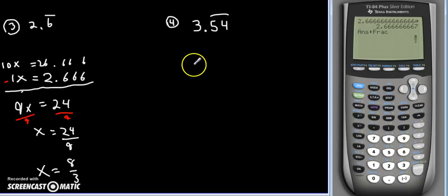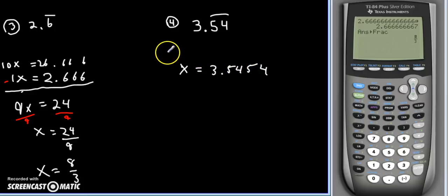In this case, we have x is equal to 3.5454, and so on. Now I want to make these move over 2 places so that I'll have this set up properly. So I'm going to make that 100x to move the decimal twice. So that's 354.5454.